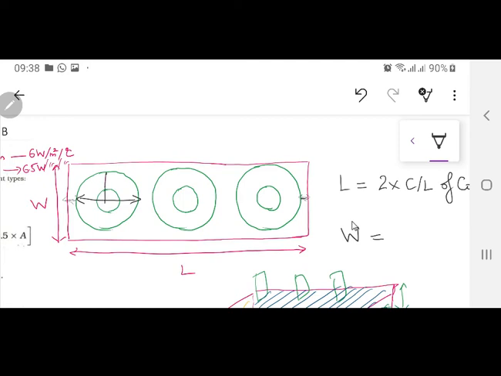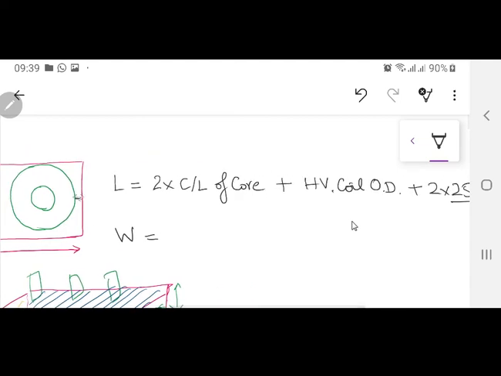So W is going to be equal to the high voltage coil outer diameter plus again some clearance distances, and this distance, as indicated for a 100 kVA transformer, is 40 mm. So this is 2 cross 40 mm.